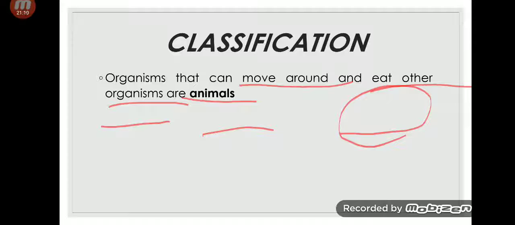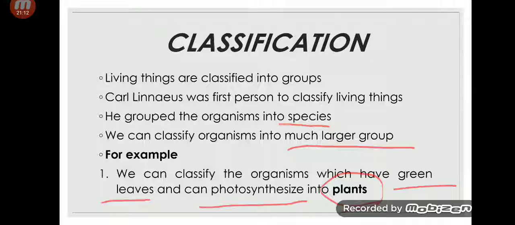Classification. Living things are classified into groups. Carl Linnaeus was a scientist, and he was the first person to classify living things into species. But species is the last category of classification.